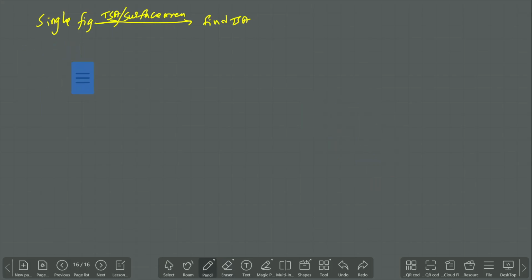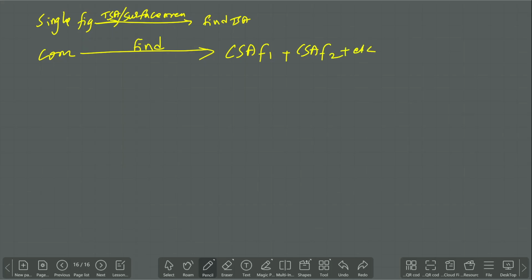So what is that? Suppose a combination figure is coming without the word solid. We always have to go with the CSA of the first figure plus the CSA of the second figure plus so on. If you have more, you just add like that.